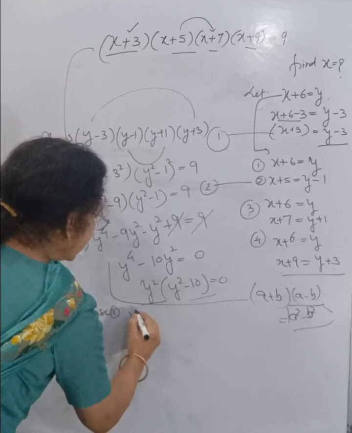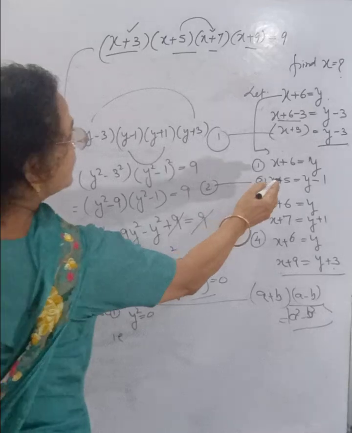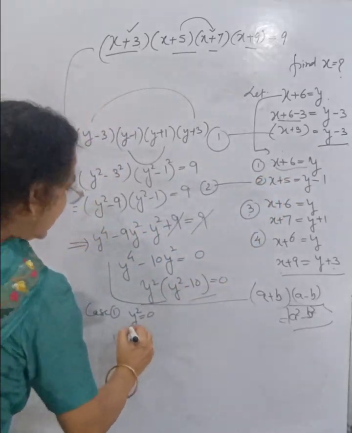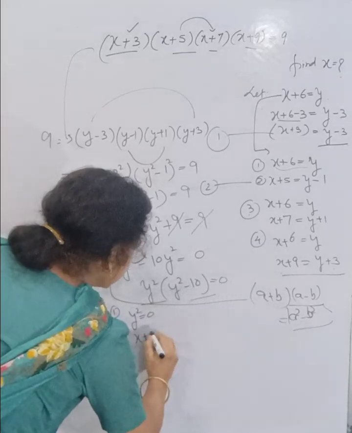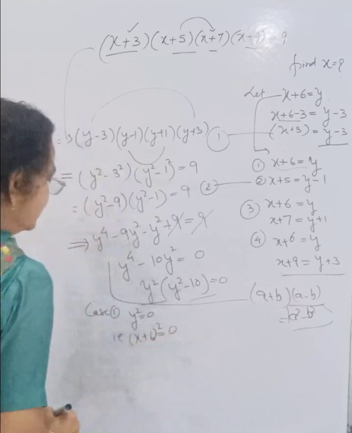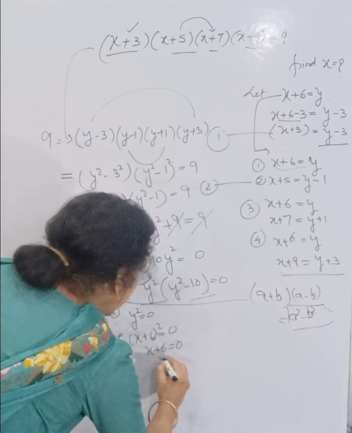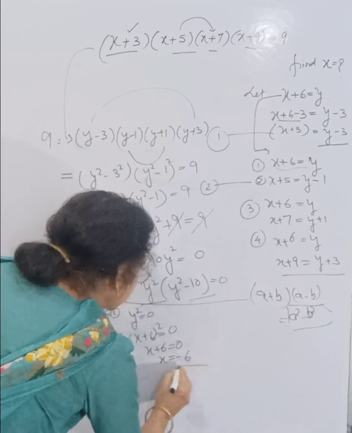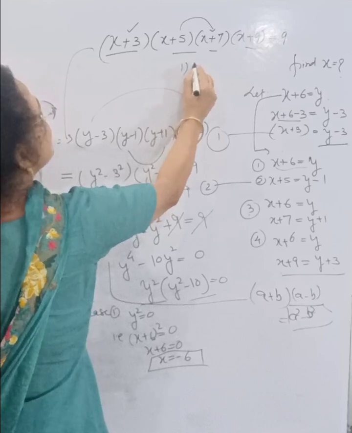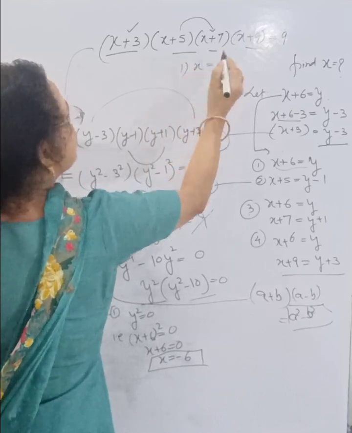When y square is equal to 0, it means y, which was equal to x plus 6, is 0. Or x plus 6 is equal to 0. It means x is equal to minus 6. First answer: x is equal to minus 6.